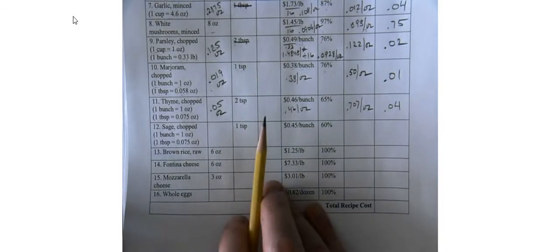The sage. All right, the sage, just like the thyme, except now it's 1 teaspoon.